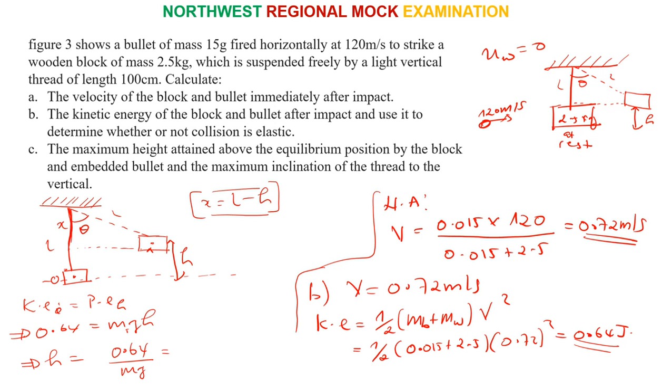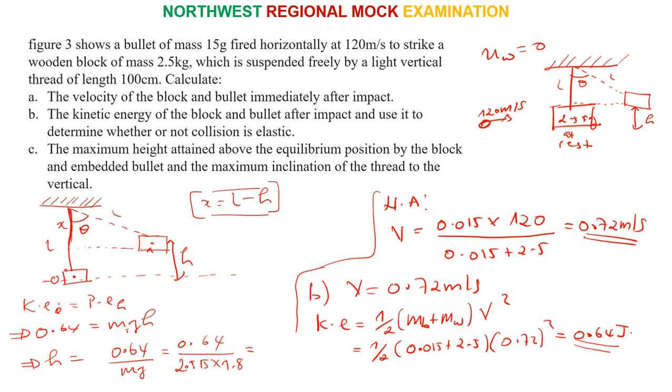So this means that the height h will simply be equal to 0.64 divided by mg. And so what do we get? 0.64 divided by m, which is 2.5 plus 0.015, so 2.515, times 9.8.